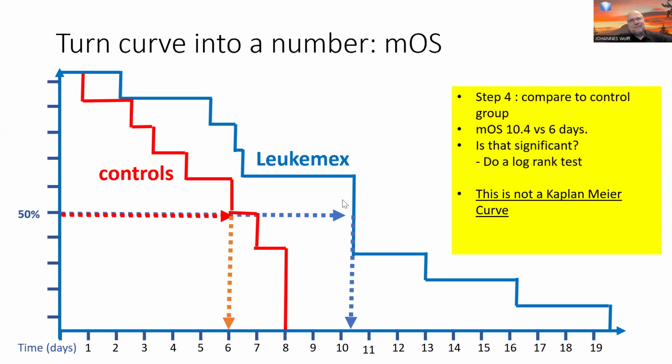It is to the left of the curve of the Leukemax treated mice, and indeed, that means the controls live shorter. If we now do the same thing with the median overall survival, we have two numbers, the median overall survival for the controls and the median overall survival for the Leukemax treated animals, and one is longer than the other. And the standard way for this is called a log rank test. We're not going to go over that yet. That will be a later video.